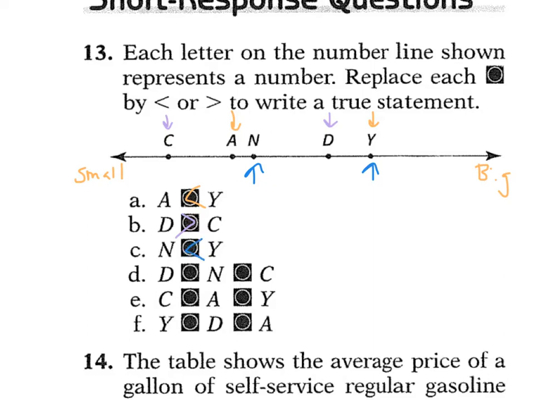Now we have D, N, and C. D is all the way to the right, so this is going to be the biggest one.